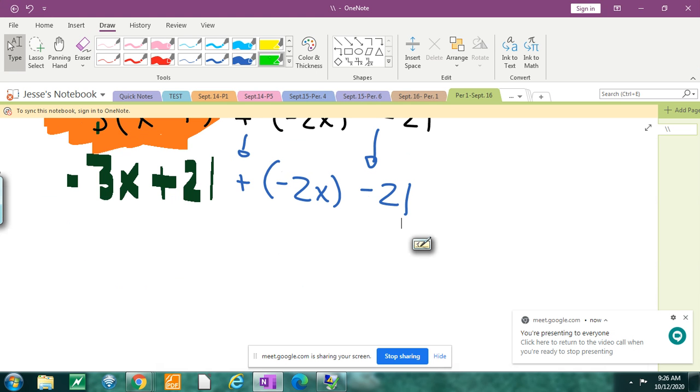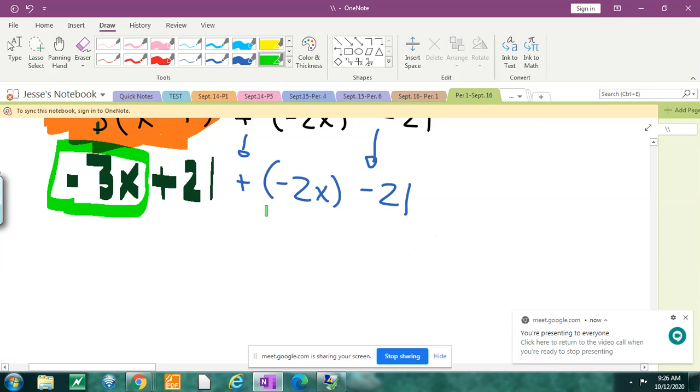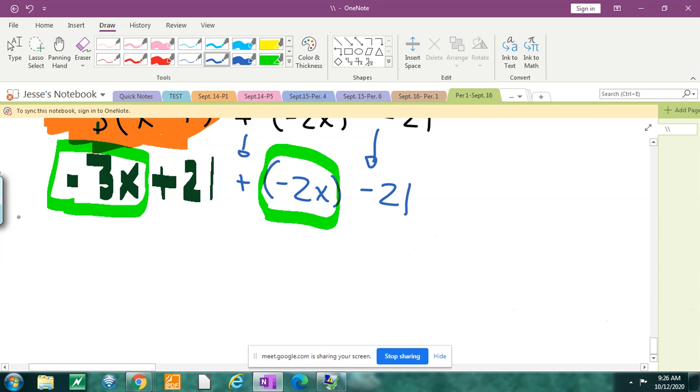So the negative 3x, you're adding that with the negative 2x. And then what are you going to do? I'm going to do the t-chart because this is not negative, negative, it's a positive. No, that's when you're multiplying. Here you're adding. So negative 3x and negative 2x.